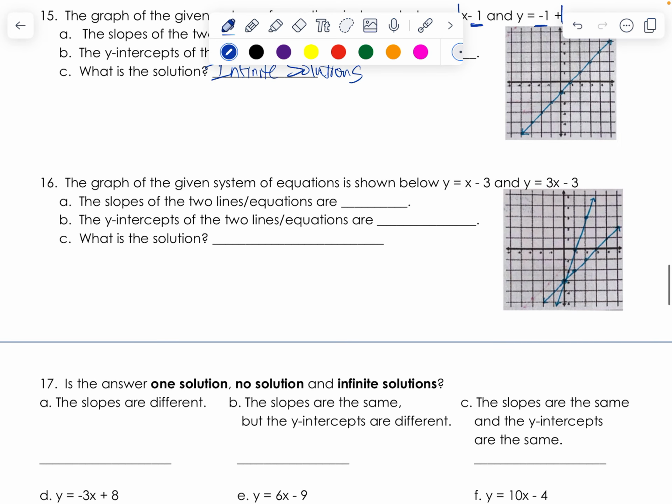The next one, the slopes are different. The y-intercepts are the same. What is the solution? The solution is the point 0, negative 3.